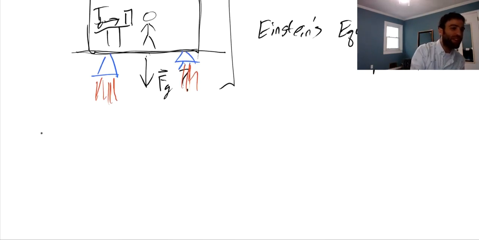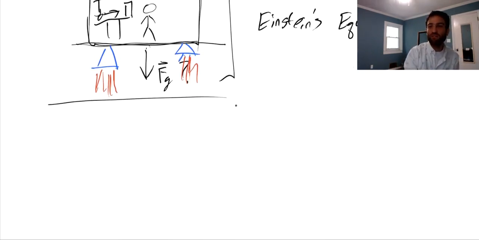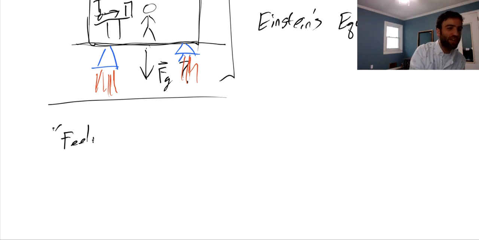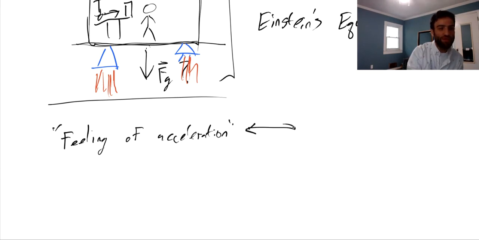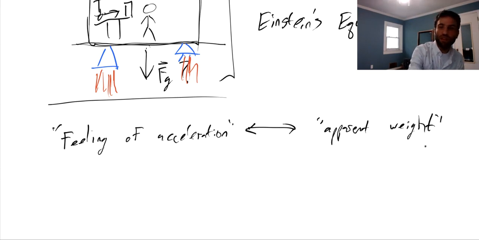So by thinking about how accelerations feel, you can summarize some of what we've just talked about by talking about an apparent weight. So let's say the feeling of acceleration, and we can try to capture this by thinking about the apparent weight. Okay.